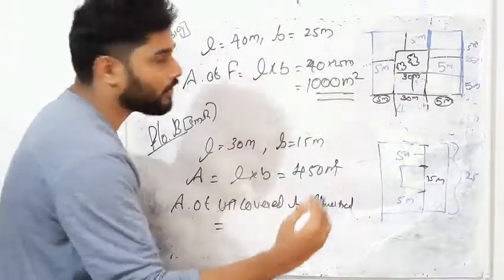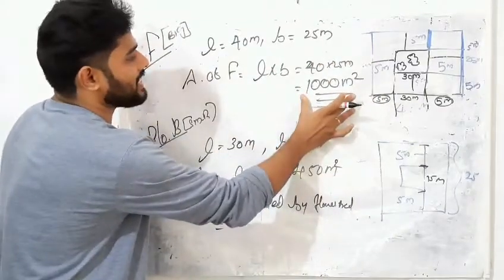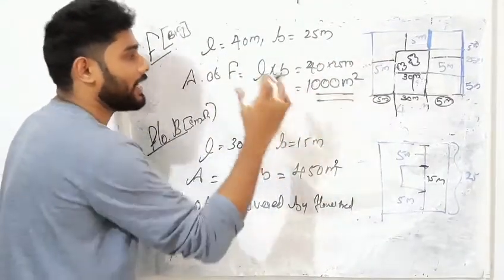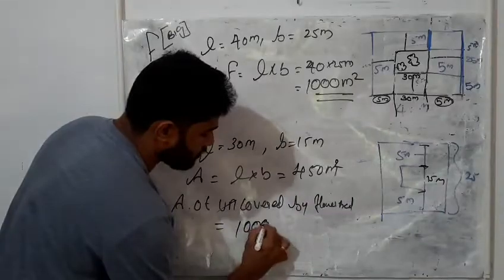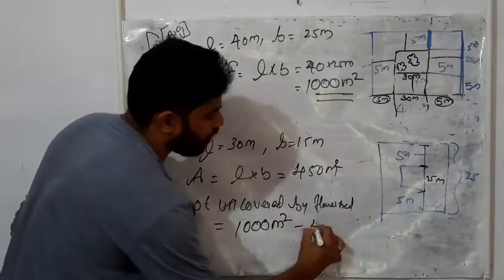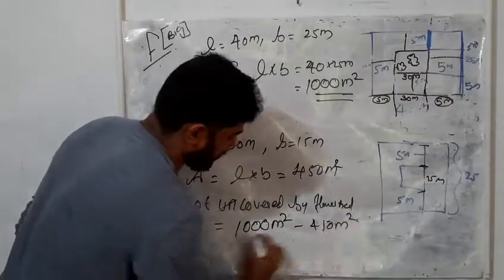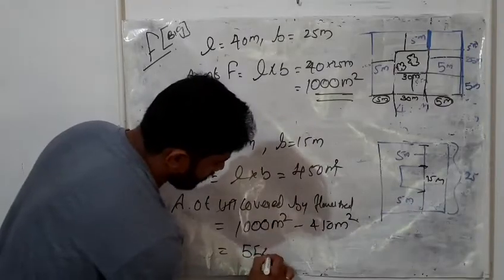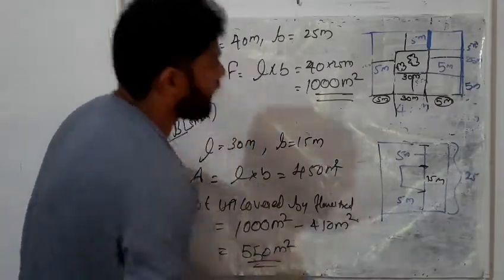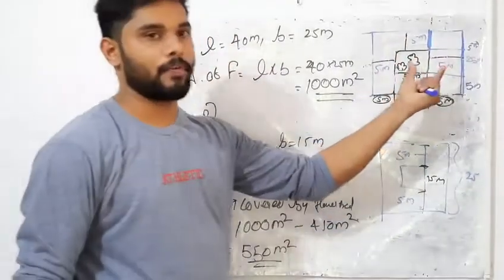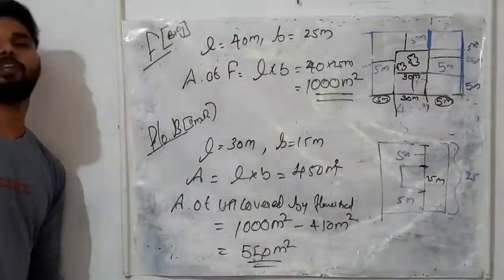How can we find that? The big rectangle area minus, that means 1000 meter square minus 450 meter square. It became 550 meter square. That means the field area minus the flower bed area, then we got 550 meter square.